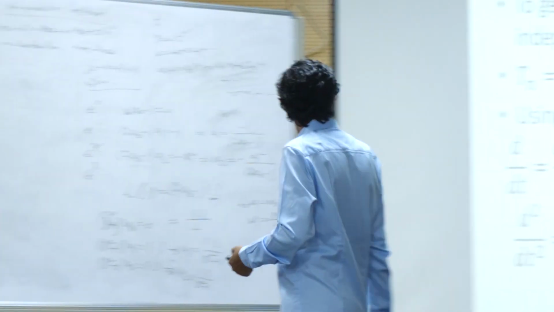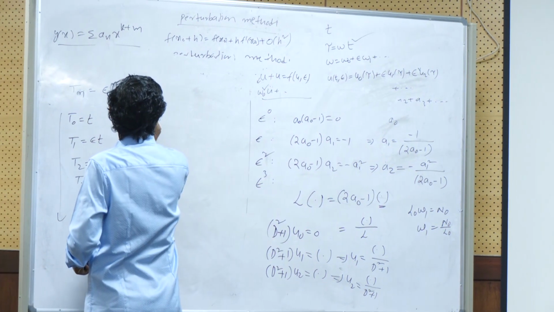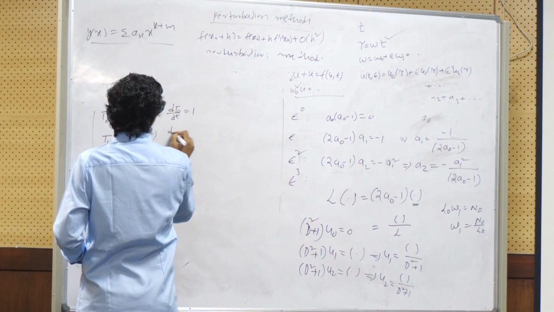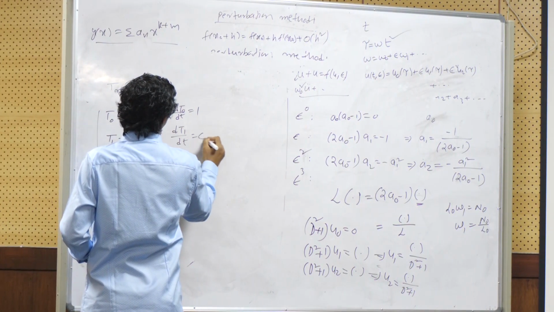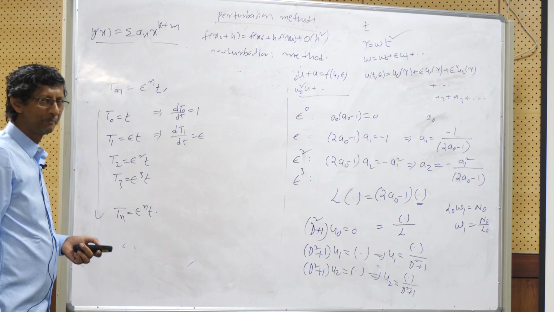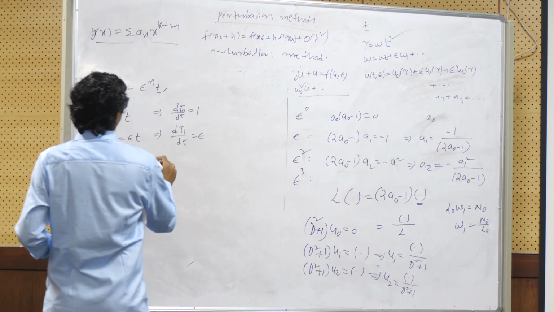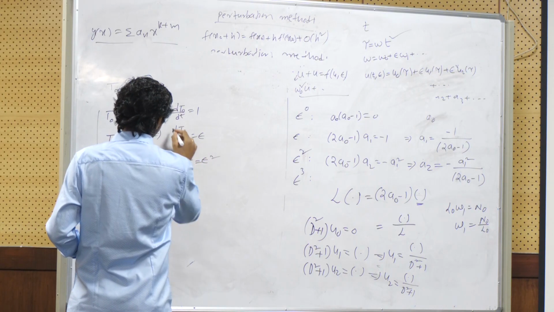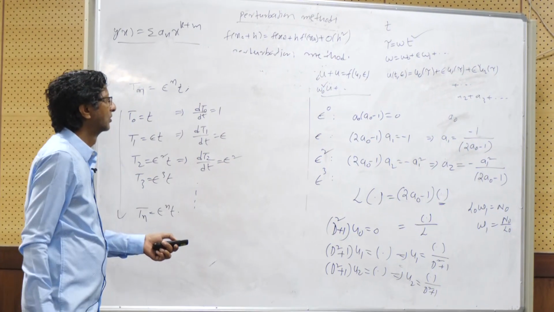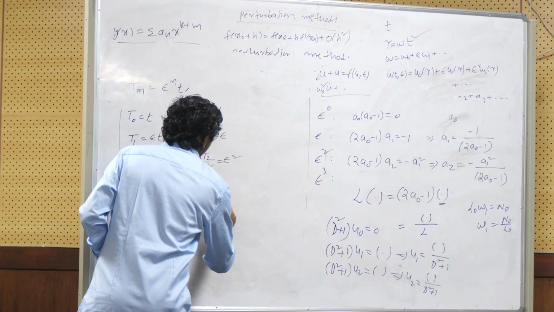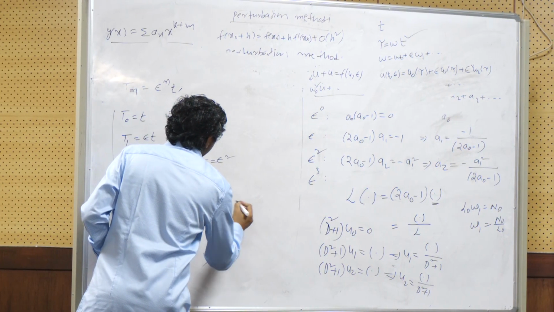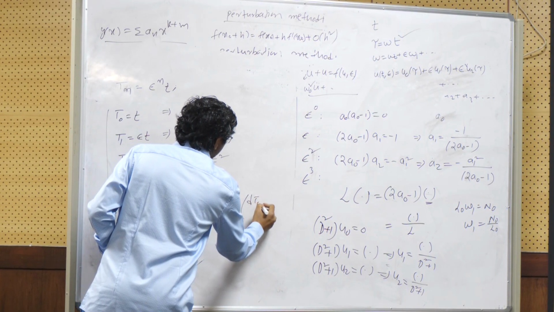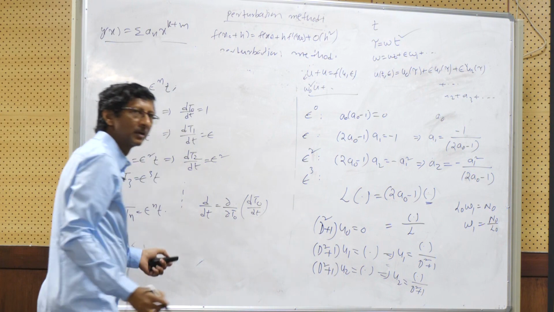So it is very simple: dT naught by dt is equal to 1. Here dT1 by dt is how much? Epsilon. And here dT2 by dt we get as epsilon square, and so on. So d by dt you can expand as dou by dou T naught times dT naught by dt, agree or not?